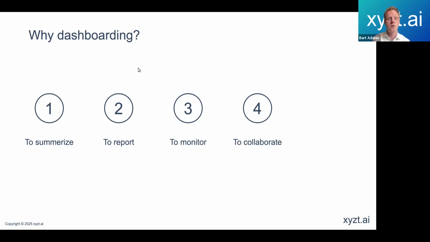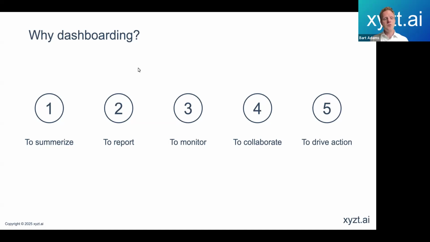You can give access to users outside of the platform, which is extremely useful to make sure that, for instance, the press or the politics get involved in your findings. And then, of course, the ultimate goal is to drive action and to implement change, implement improvement from the insights that you communicated through your dashboard.